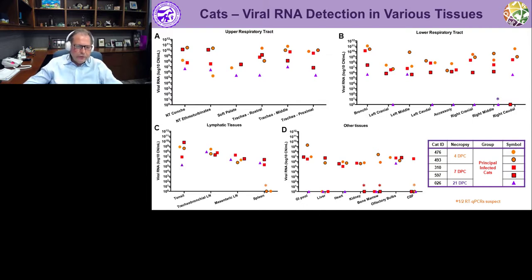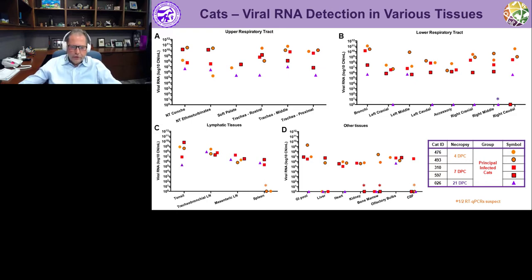The lymphatic tissue shows that tonsils, tracheobronchial lymph nodes, and mesenteric lymph nodes are positive already on day 4 and maintained until day 21, whereas the spleen is not positive on day 4, but positive on day 7 and day 21 post-challenge.